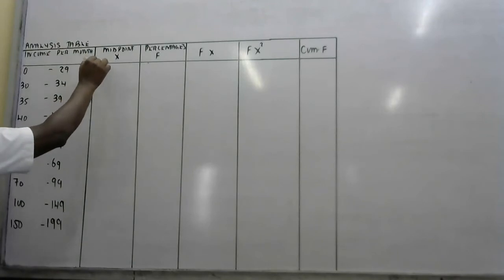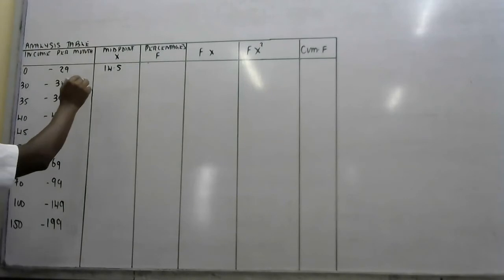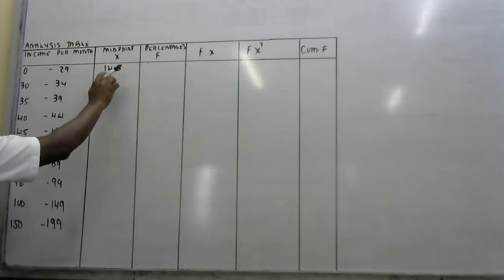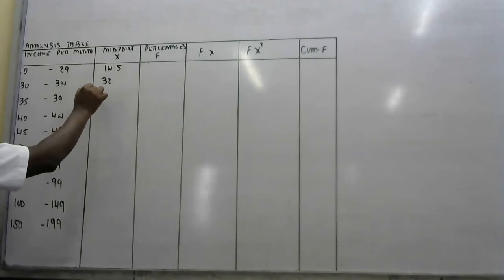So with that now, this is 14 points 5, then that 2 points, or just that 2. Then that 7.